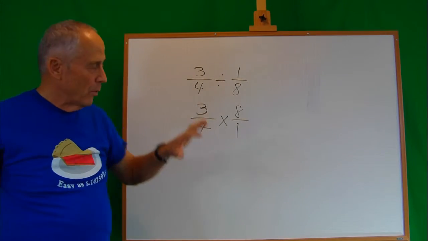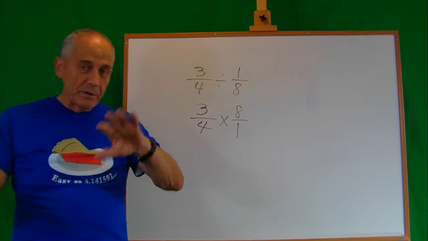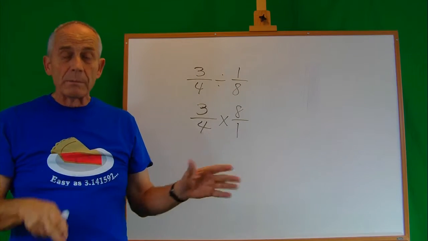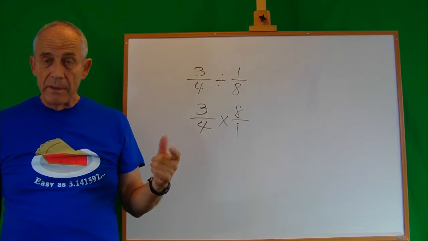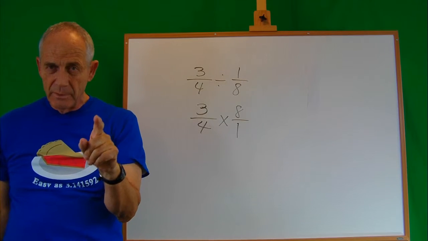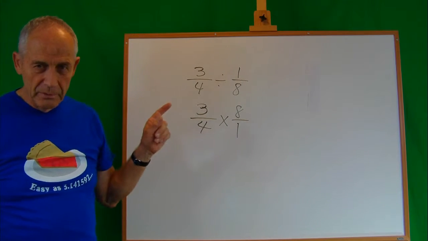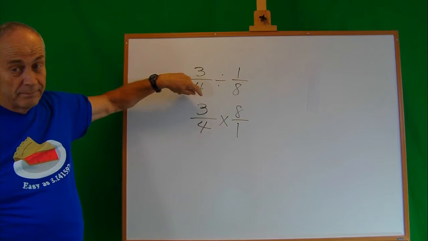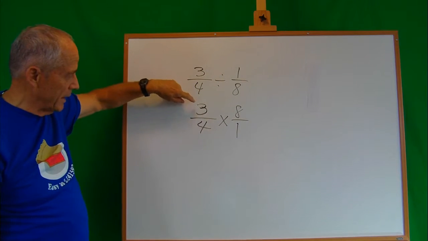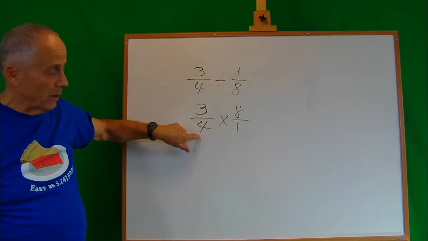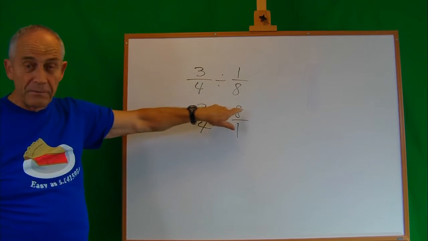Now, when I'm multiplying, I'm going to shift gears and go over to multiplying fractions. Remember how I do that. What's the first thing we do when we multiply fractions if we're smart? We reduce. So I look here, no 3's in the denominator. I look here, oh, there's a 4, and there's a factor of 4 in the 8.